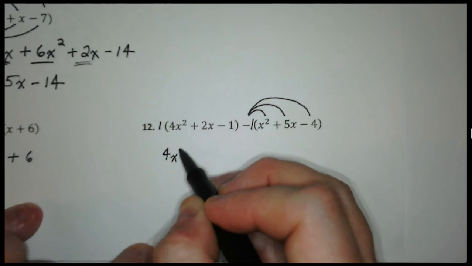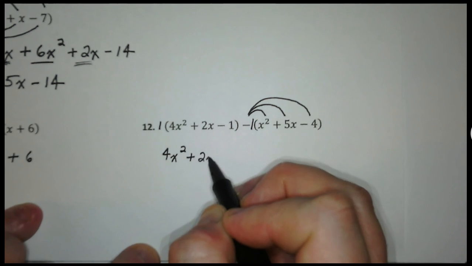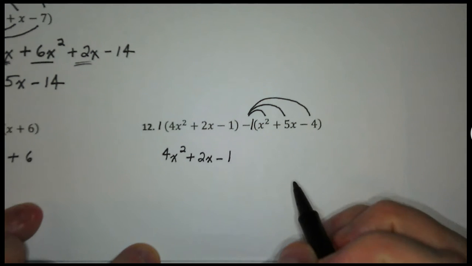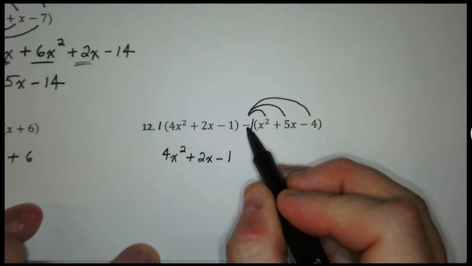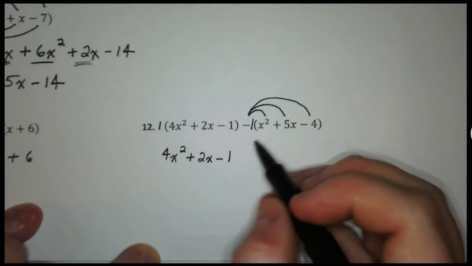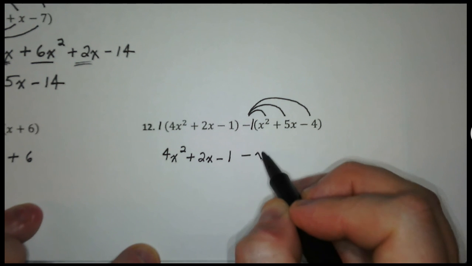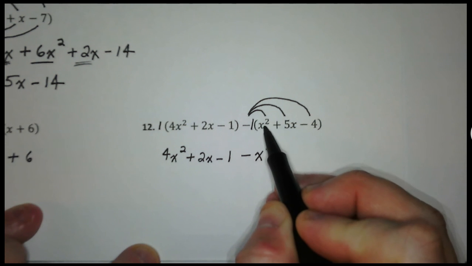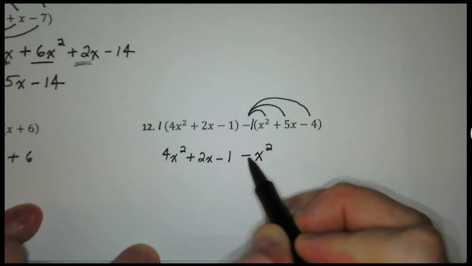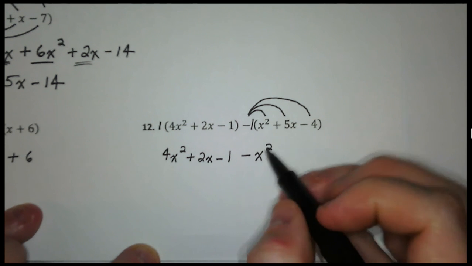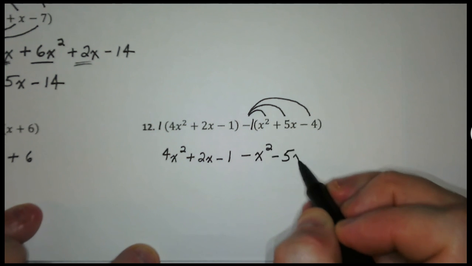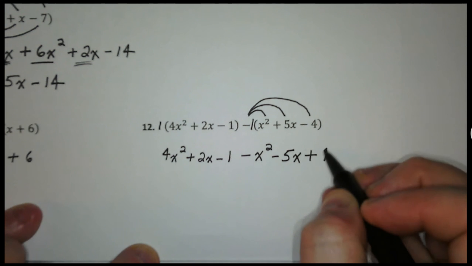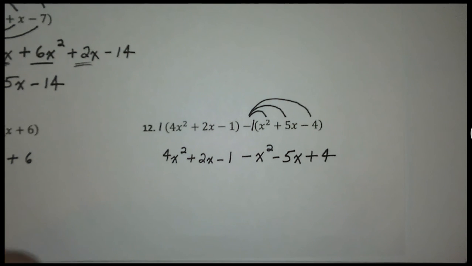This is just going to stay 4x squared plus 2x minus 1, but distributing the negative 1 makes it negative x squared. Negative 1 times positive x squared is negative x squared. And then negative, so it ends up being negative 5x and then plus 4. Or positive 4, whatever.